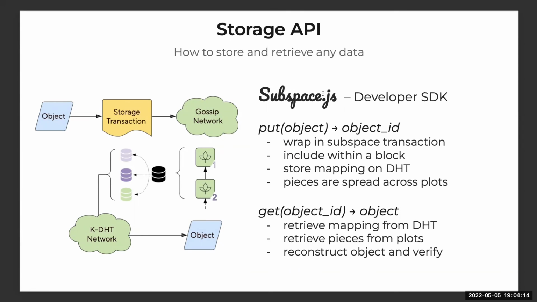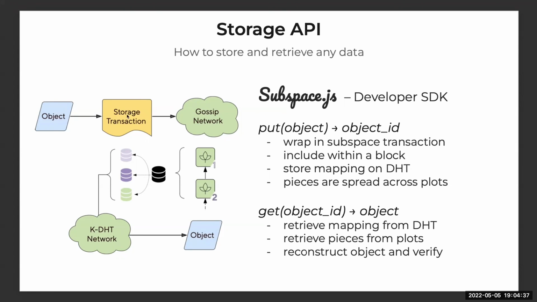This is a very simple API. There are two methods, put and get. So basically you can write data to the network and you can read data back from the network. And we treat data just as abstract objects. It could be a record, it could be a file, it can be any kind of abstract data. It's opaque to the protocol what it is.